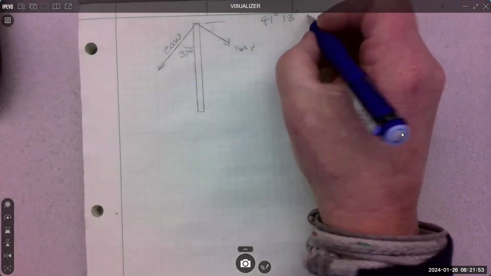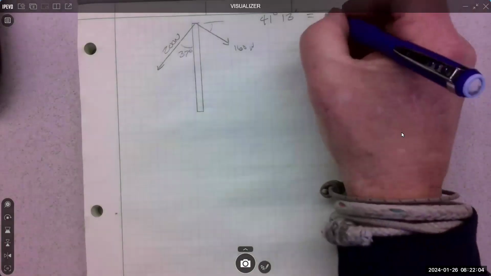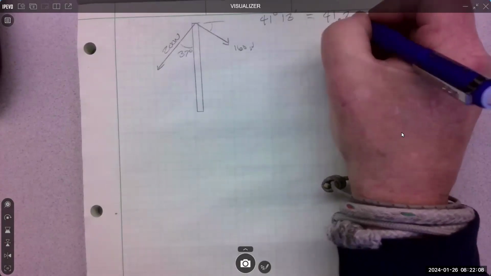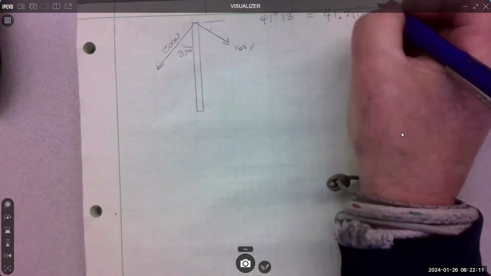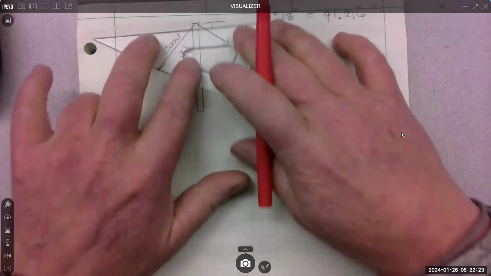Let's get this to its regular decimal angle. That means we take the 13 and divide by 60 and add it to the 41. So 41.216 repeating degrees. We do that first. Then we just pick away at the components.